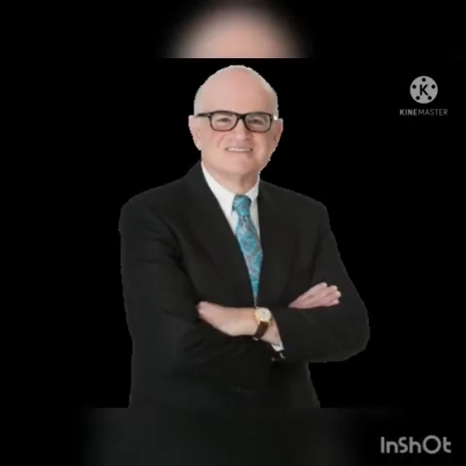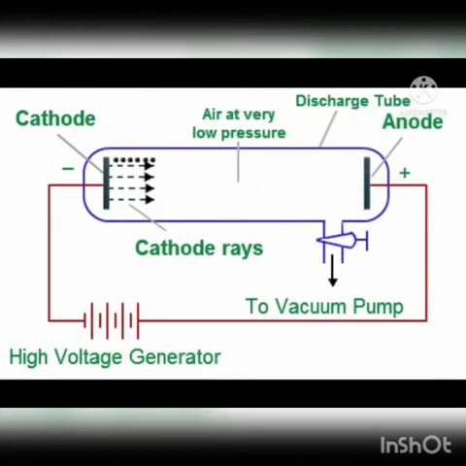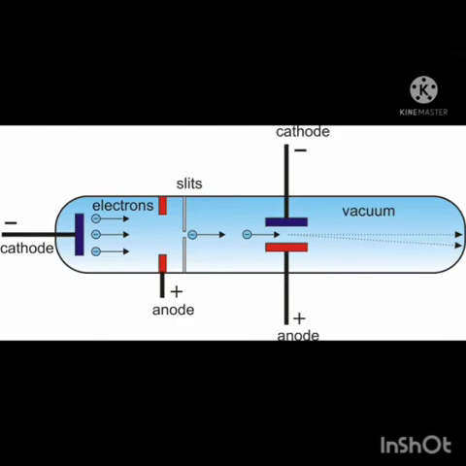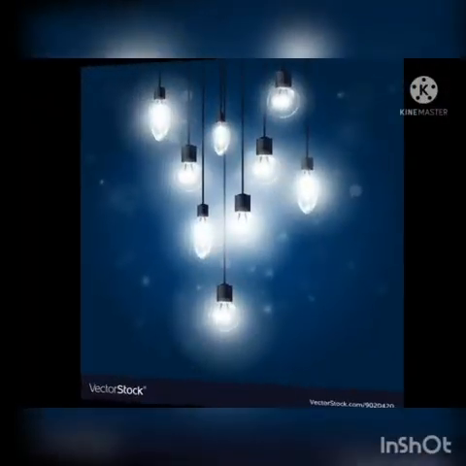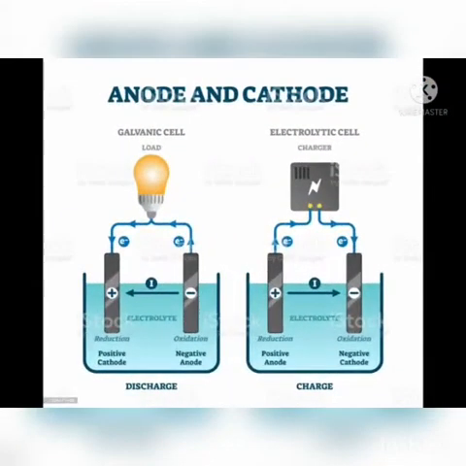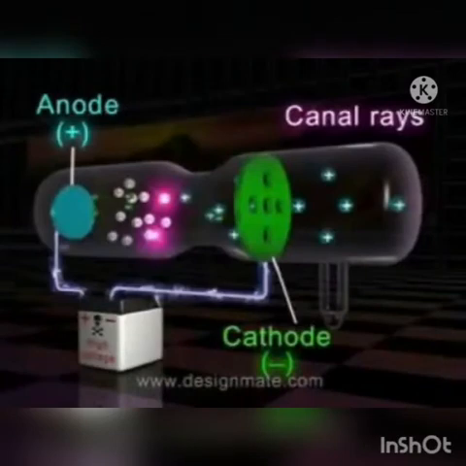In 1886, E. Goldstein, while performing some experiments with a discharge tube containing a perforated cathode, observed that when the cathode rays travel from the cathode to the anode, there are some luminous rays which travel from the anode to the cathode, and he called these canal rays.